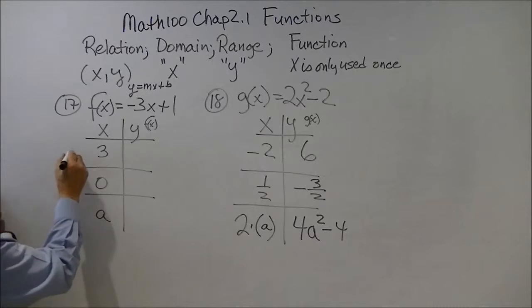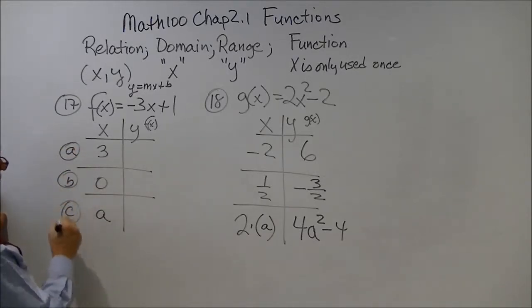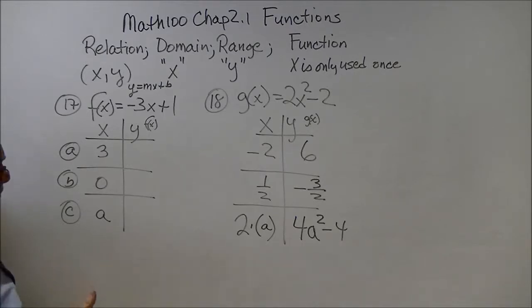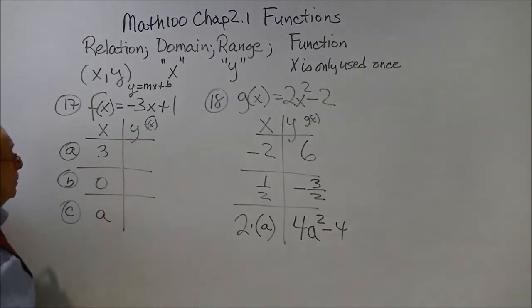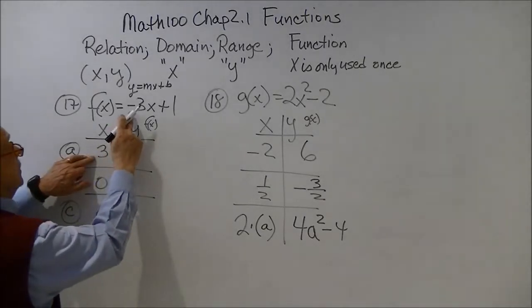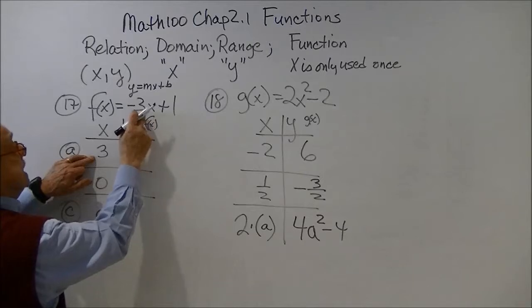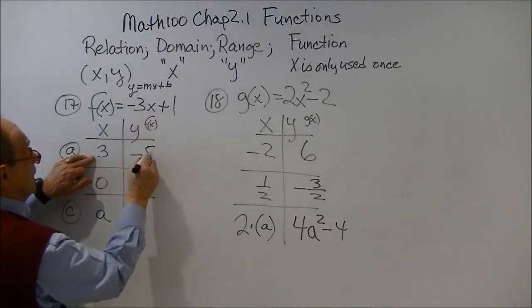So they're going to ask you for A, B, and C, 3 answers. And how do you find out what the output, that is the y value, would be? Well, you put the 3 in there. So negative 3 times 3 is a negative 9, plus 1 makes this a negative 8.